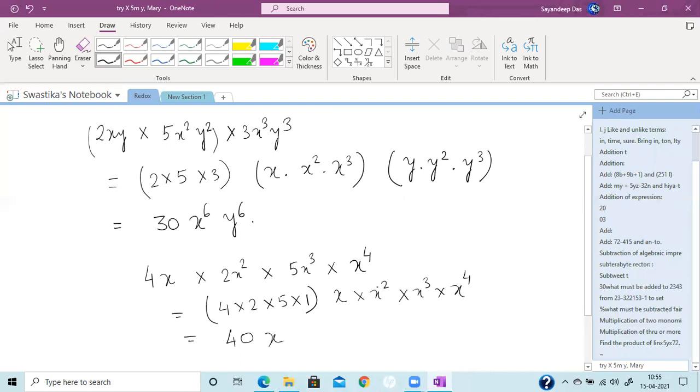So this is 1 plus 2, 3. 3 plus 3 is 6. 6 plus 4 is equal to 10. So 40x to the power 10 is your answer. So this is the way you can multiply 3 or more monomials. And I hope this is clear.